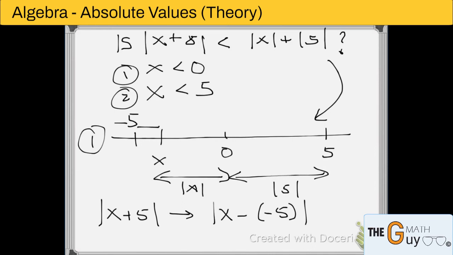The distance between x and negative 5, is it the same distance as these two individual distances summed up? No, it is not. So it's always going to be lesser, no matter where negative 5 is. Negative 5 could be here, but it will never be the distance of absolute value of x plus absolute value of 5 all added up together. So it will be lesser, so the first statement is sufficient.